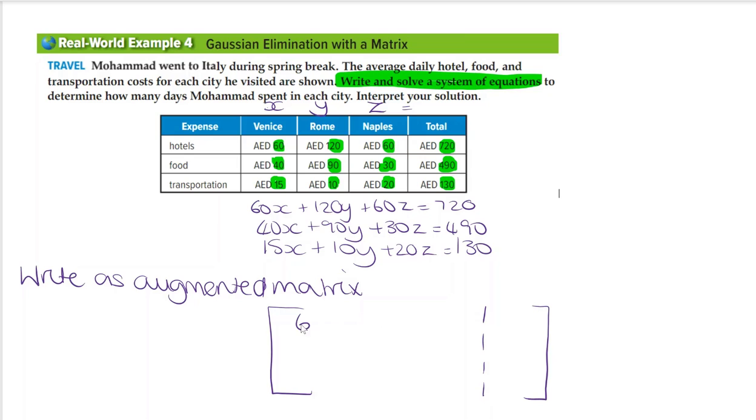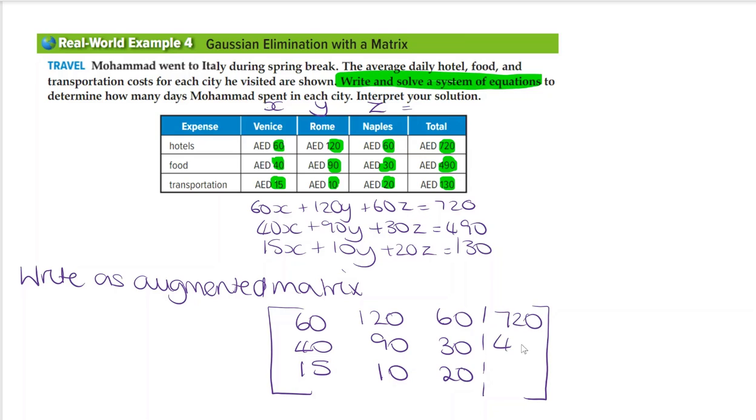So we have 60, 40 and 15, 120, 90 and 10, 60, 30 and 20, so 720, 490 and 130.